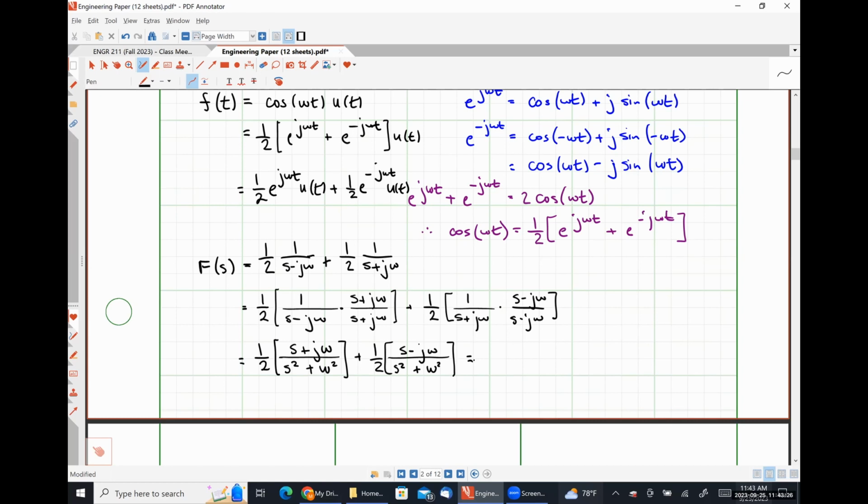So what happens when I add these guys together? In the numerator, I'm going to have 2s multiplied by 1/2. It's going to look like s. And my denominator is going to be s squared plus omega squared.